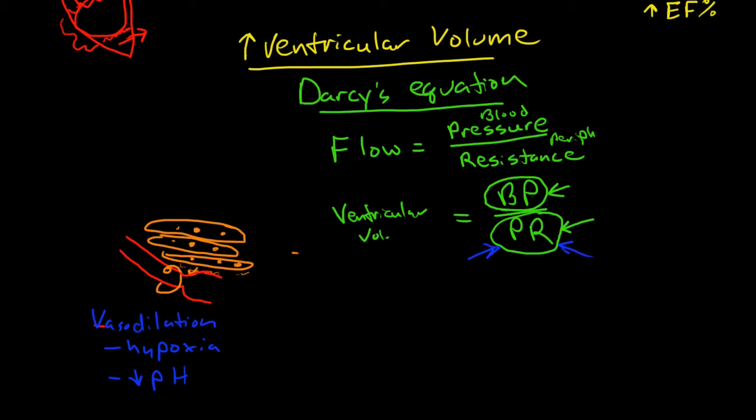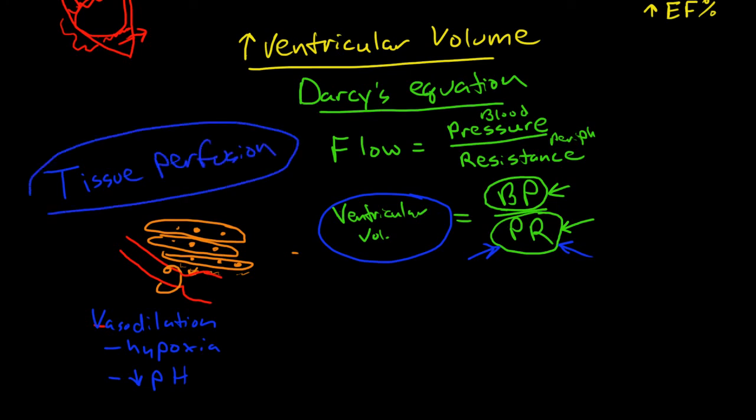So by decreasing resistance in muscles all over the body, we're going to increase flow back to the heart. So that is going to increase ventricular volume. So one of the main factors in controlling cardiac output is actually tissue perfusion, which is controlled by local tissue needs for oxygen. Okay, so that's one component.